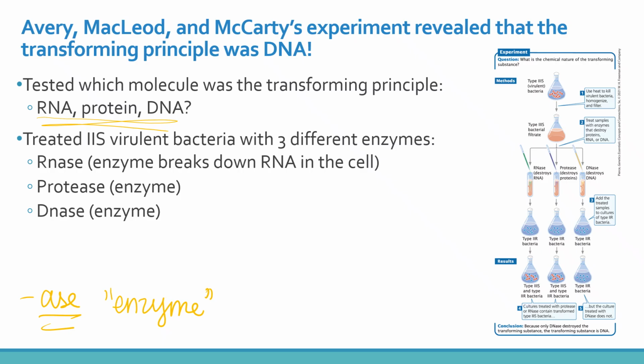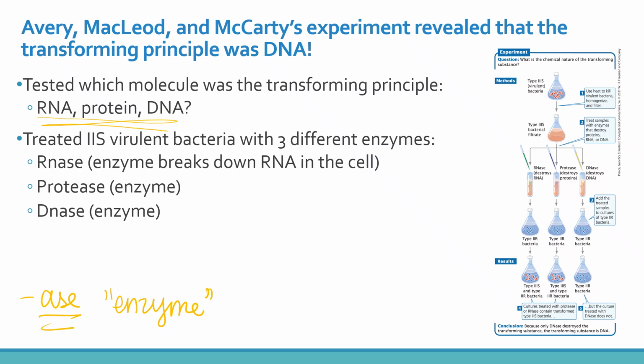So they added RNase to one sample of these virulent bacteria, and then they inoculated mice. To another sample of the bacteria, they added protease, which is an enzyme that breaks down protein. And then to a third group, they added DNase, like a restriction enzyme that inactivates DNA.